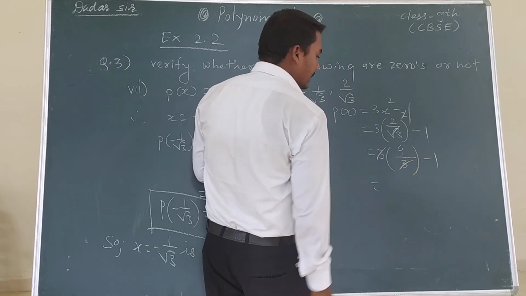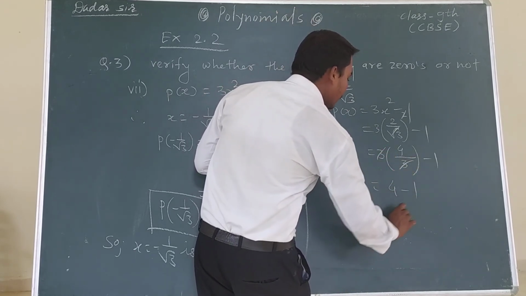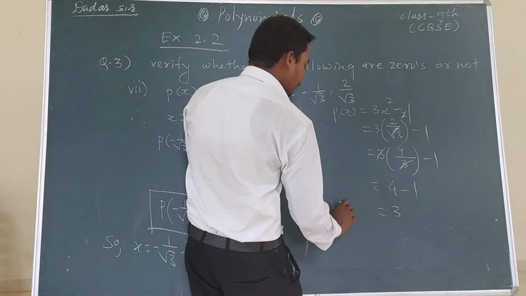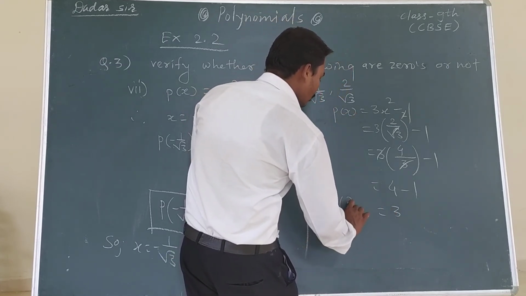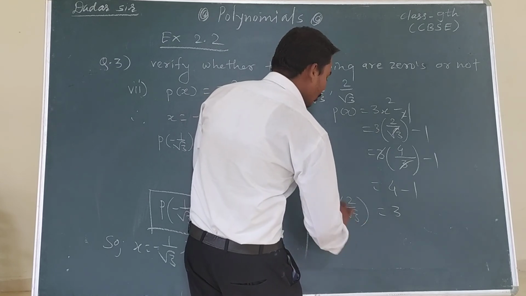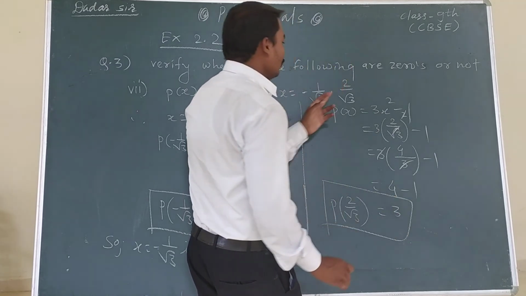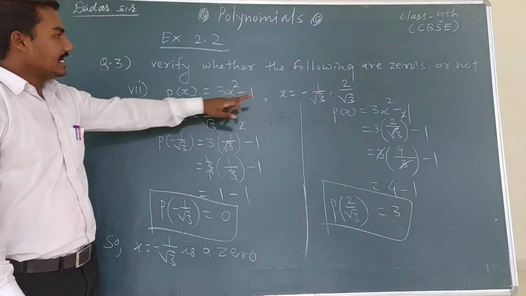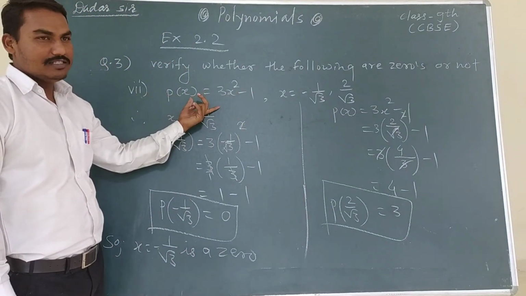Here the 3s get cancelled, 4 minus 1 is 3. So for p of 2 by under root 3 it does not become 0. So the second value is not a zero of this polynomial.